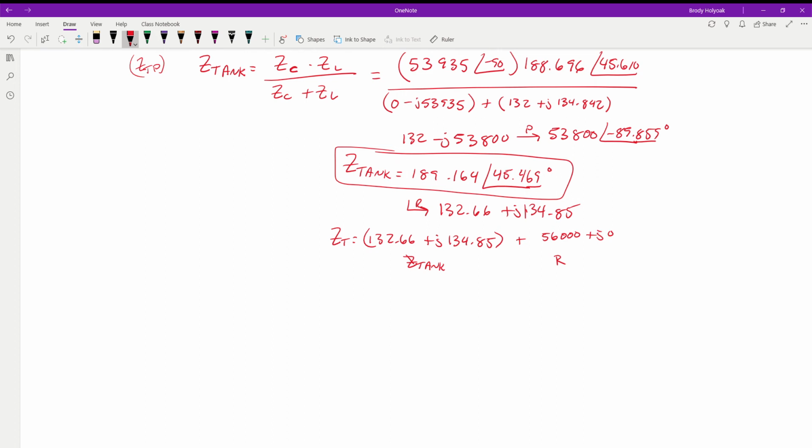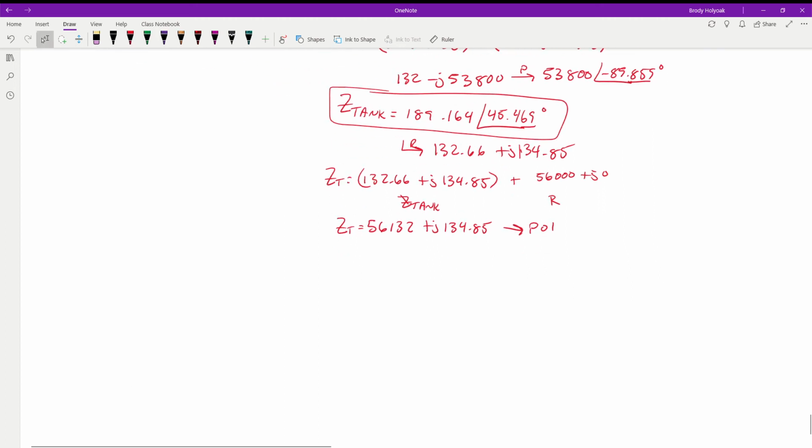And so we end up with our Z total equal to 56,132 plus j of 134.85. Convert that to polar because we're going to be doing division with it. And we end up as a grand total for our impedance total of 56,132 at 0.138 degrees. So almost 0 is what we're looking at.